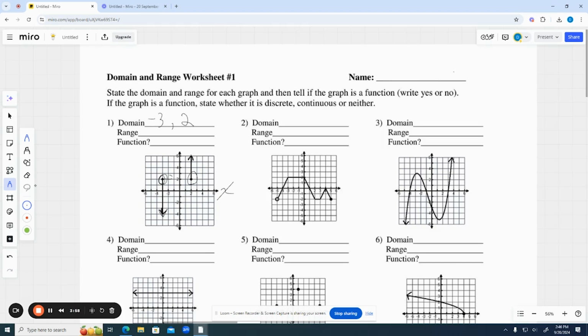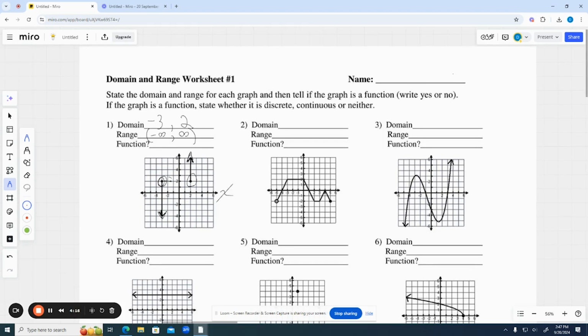It just keeps on going forever and ever. And what that tells me is your range, all your set of y values, in this case, would be -infinity to +infinity, because these keep on going forever. And at 2, it exists there. So 2 is encompassed in there, so you don't need to break that up.